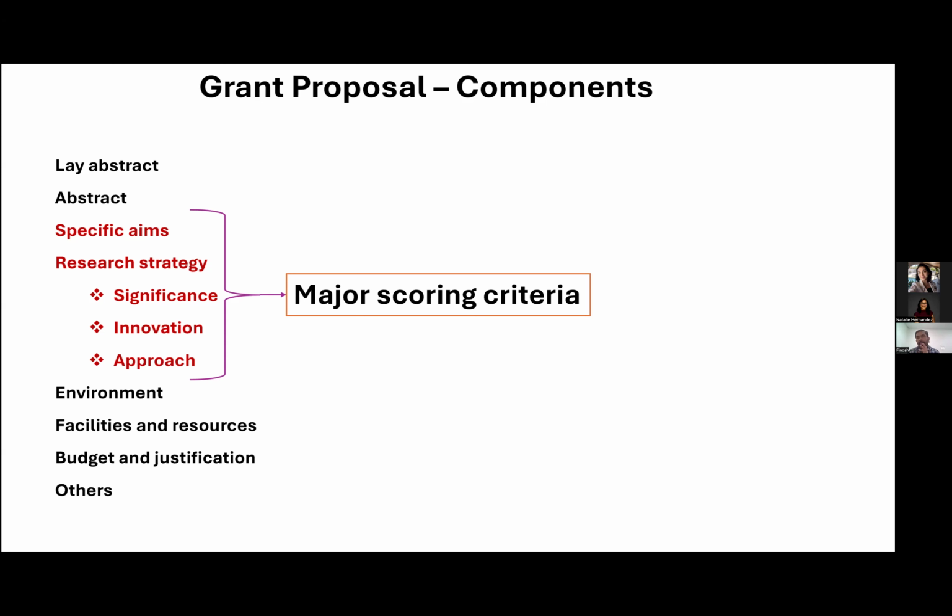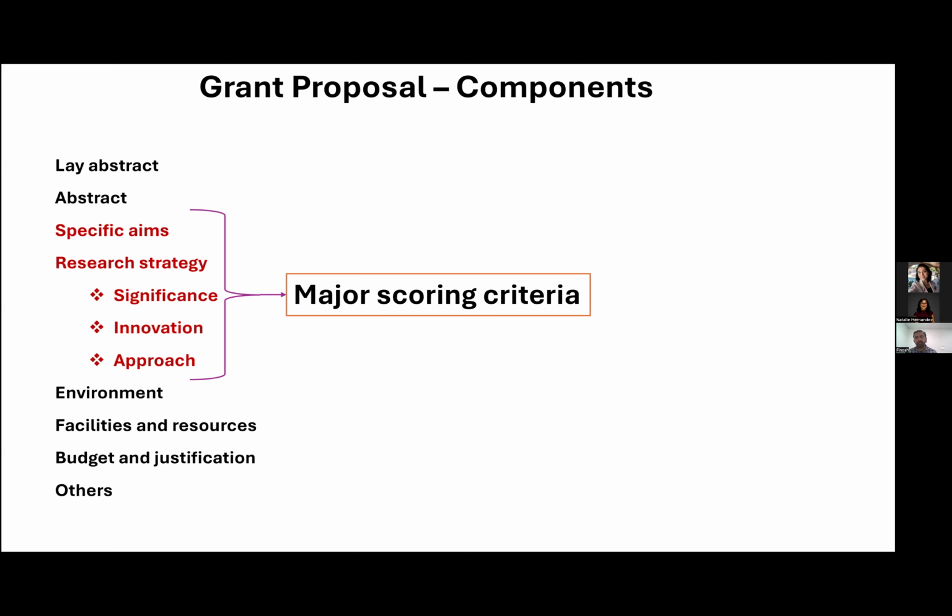So lay abstract, we discussed yesterday when we talked about ICAC. A lay abstract means it should be a non-scientific paragraph which signifies the importance of this research and what changes or what benefit you are going to make out of this study.